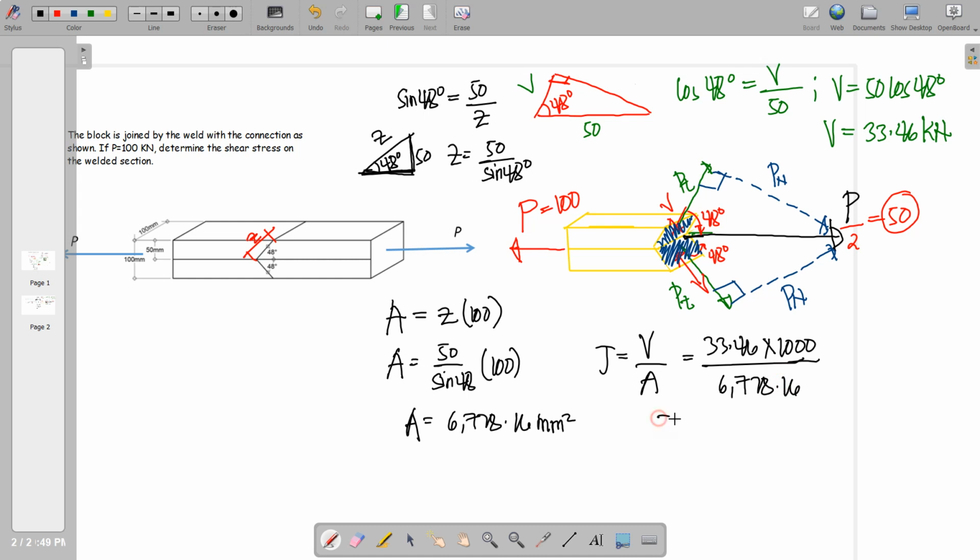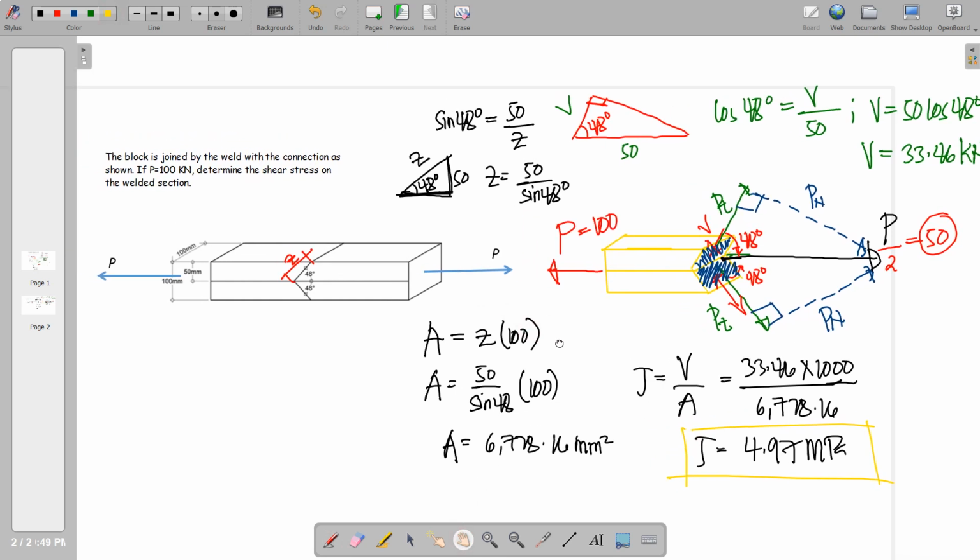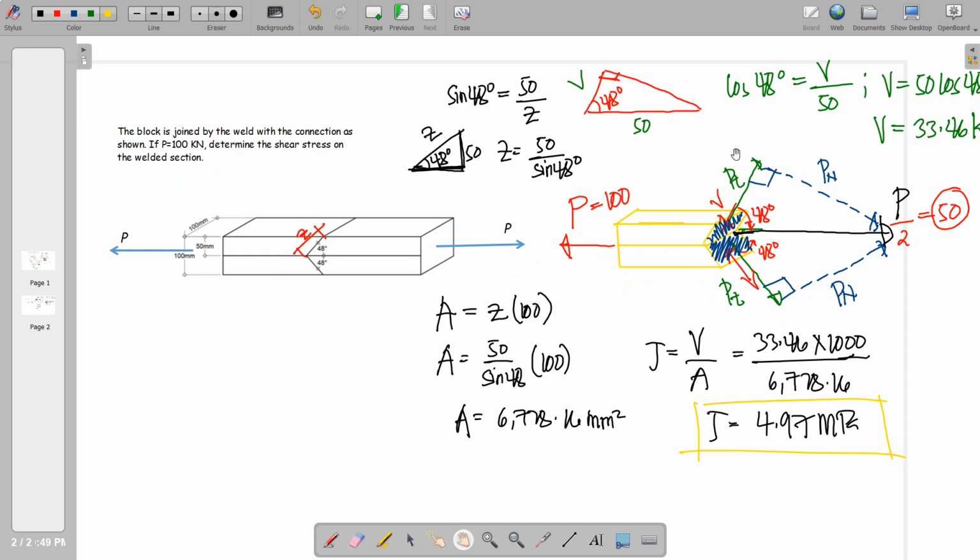So finally, the shear stress is equal to 4.97 megapascal. So I think we are done with this problem.